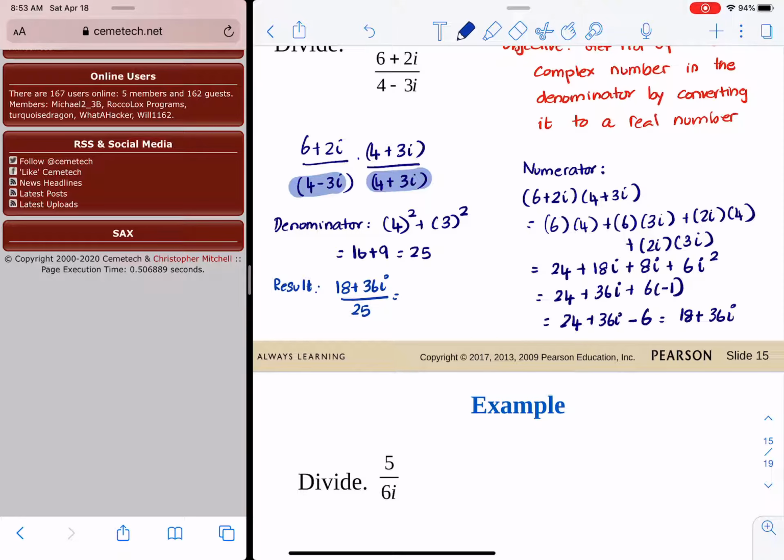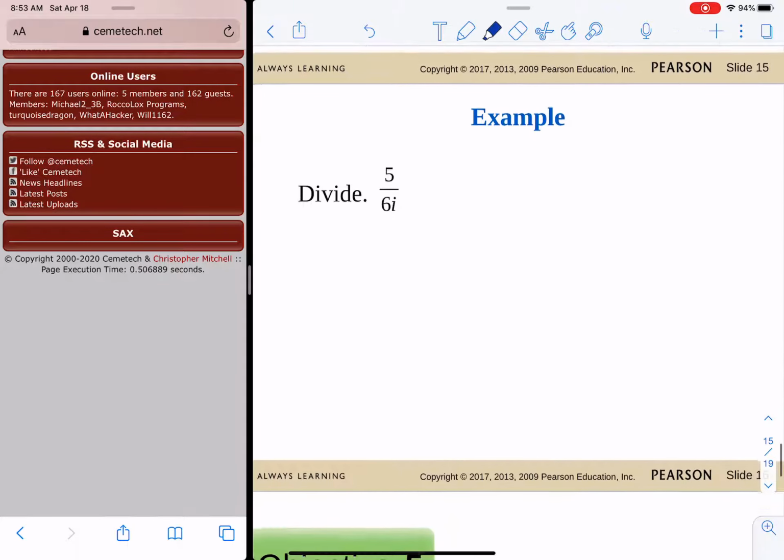Since we have a common denominator, we could write it as 18 over 25 plus i times 36 over 25. So the final result is a complex number, and the real part of that complex number is 18 over 25. The imaginary part is 36 over 25.